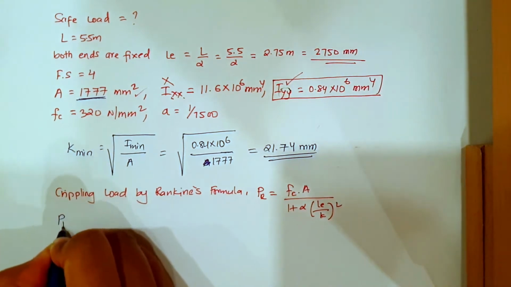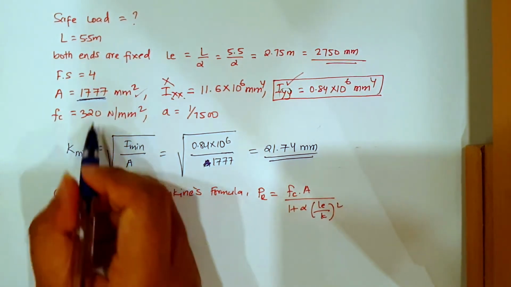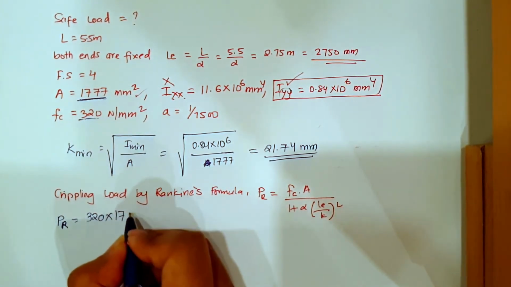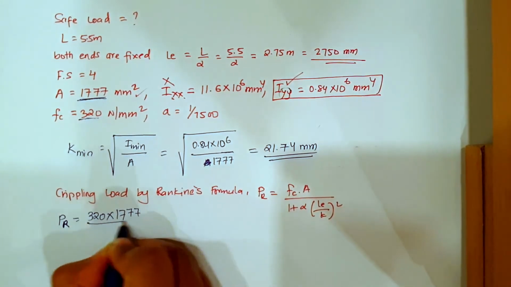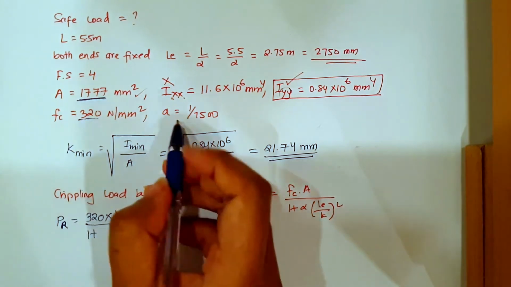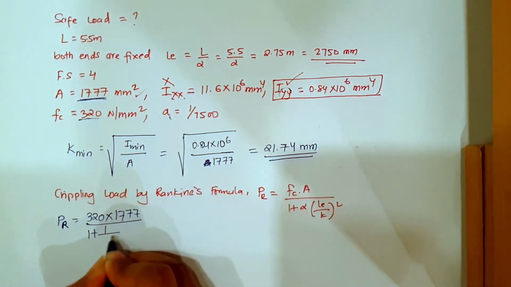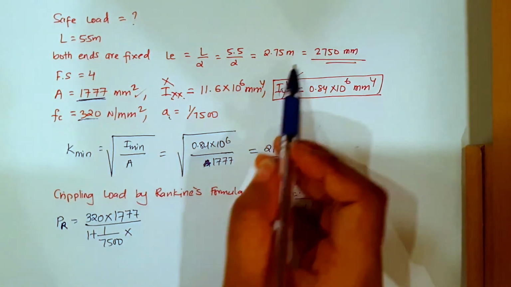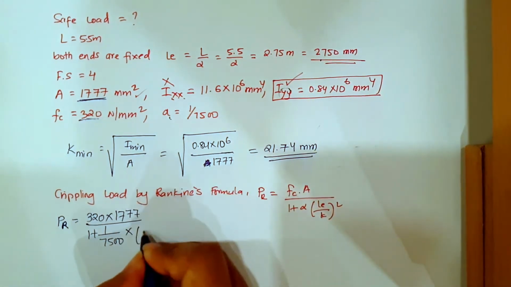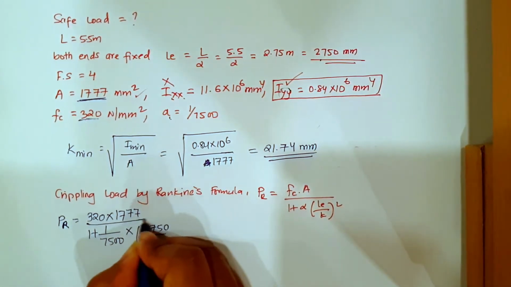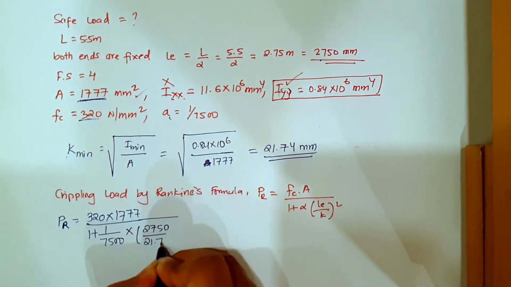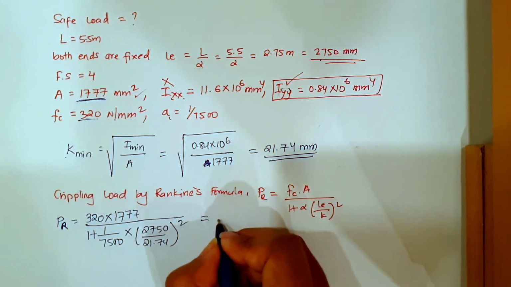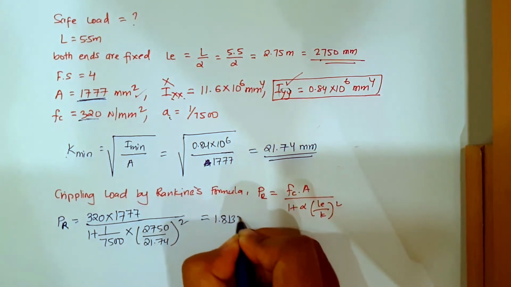So from here PR will be equal to F of C, how much is given? 320 into area 1777 divided by 1 plus constant, Rankine's constant is given equal to 1 by 7500, into LE, how much did we get? LE 2750, divided by K which came equal to 21.74 the whole square.